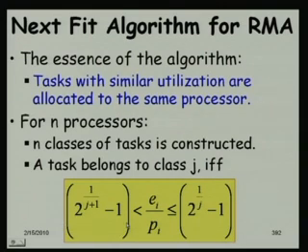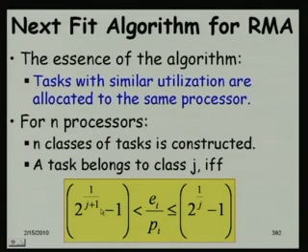Possibly the developers of this algorithm had some hunch or hint from the Liu-Layland algorithm, where we had the bound on the utilization for a processor to schedule n tasks, n into 2 to the power 1 by n minus 1.